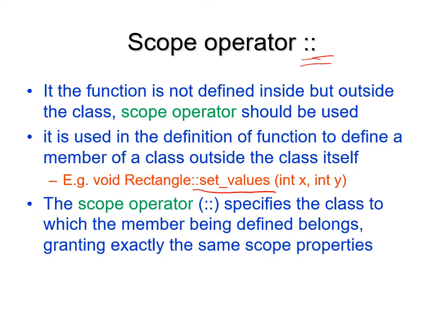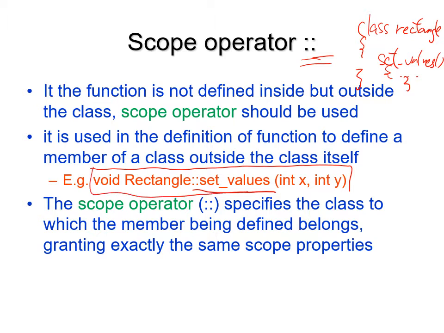If you do not declare the set value function within the class, so that you write your code outside the class, you should use the scope operator syntax by first telling the compiler that this function belongs to the rectangle, then the scope operator, and then your function name.